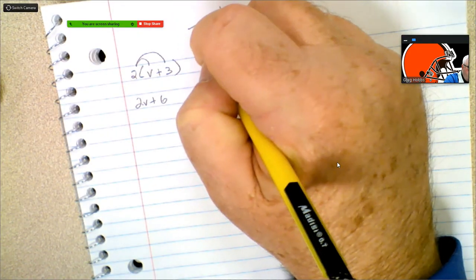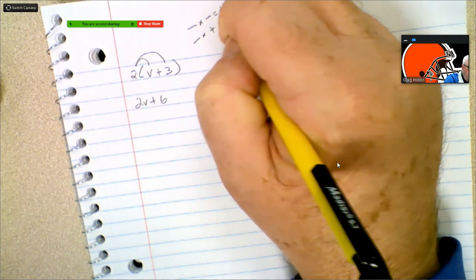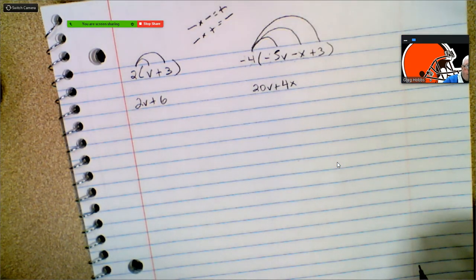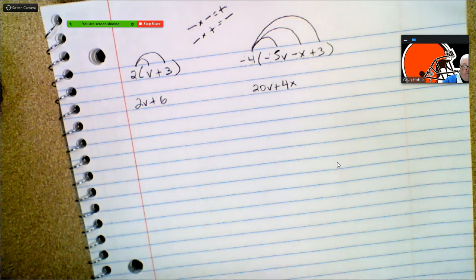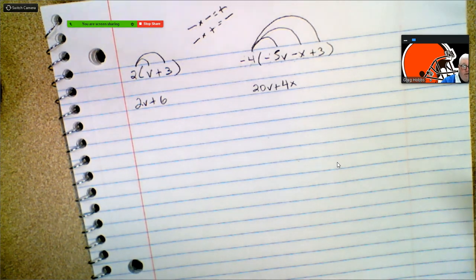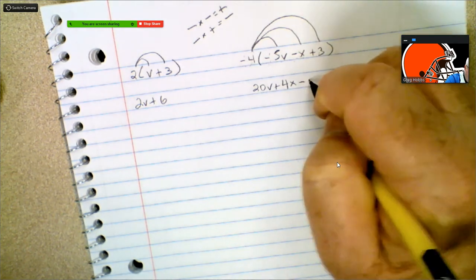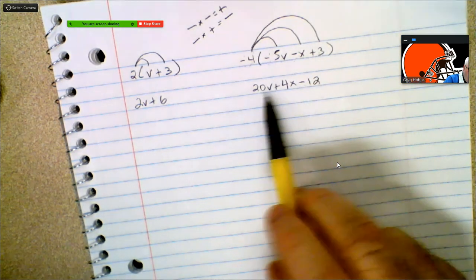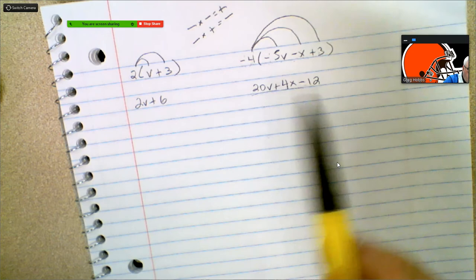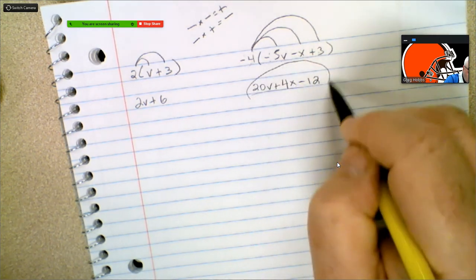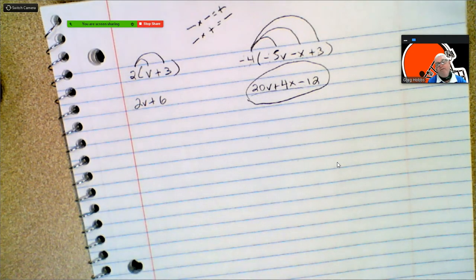A negative times a positive always equals a negative. So again, you can use your calculator for it or know that. -4 times +3 would be -12. It's -12, but when we put it back in the sentence and read that answer, it'd be 20V plus 4X minus 12.